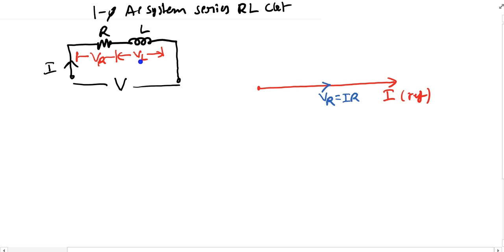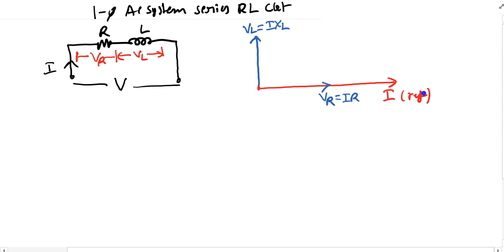We have also seen that in the previous class. So my VL will come somewhere here. This is my VL, which is equal to I into XL, the drop across the inductor.